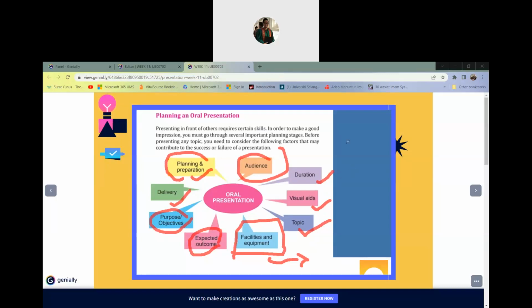For example, you have different agendas in the meeting, let's say a mental awareness campaign. You have several agendas here. One agenda could be the tentative.